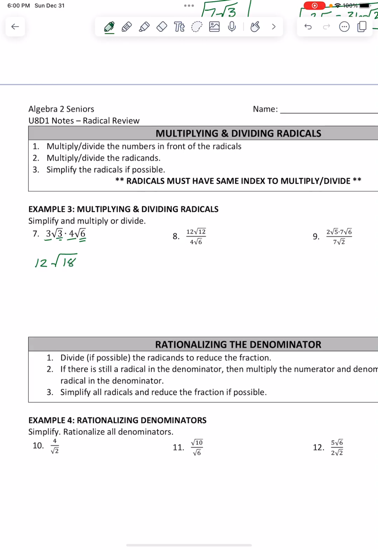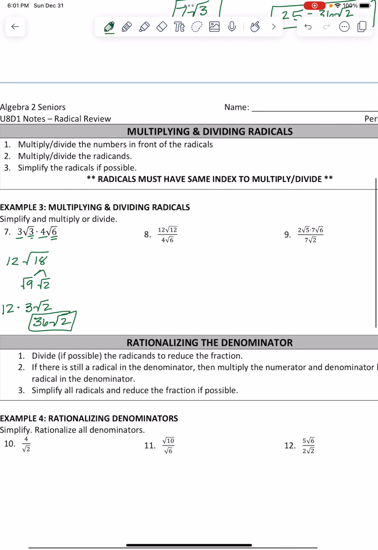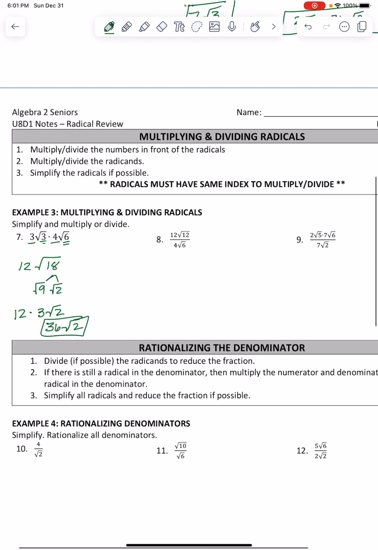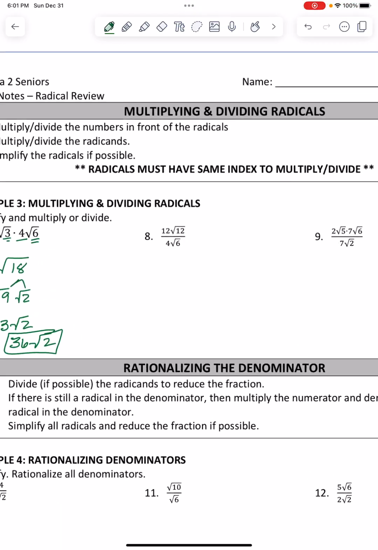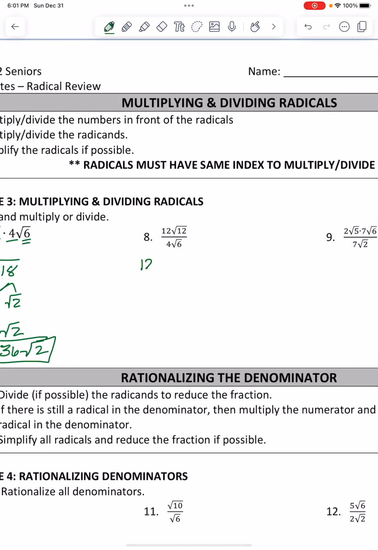And once we do that, we just check to see if we can simplify, which 18 is 9 times 2. So we could say this is 12 times 3 square root of 2, which would be 36 square root of 2. Now when we get into division, we're going to divide everything we can. So as we work with this, I'm going to write this a little bit bigger here.